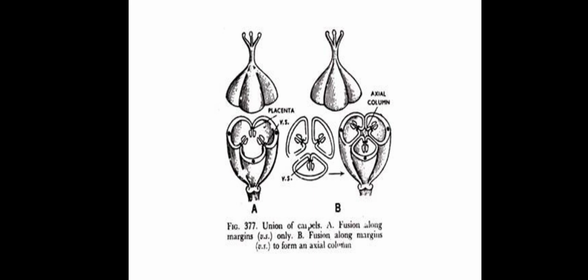In this diagram, we can clearly see there is a union of carpels. So this is the ventral suture. As the ventral suture fuses, you can see that there is no fusion towards the margin or towards the axis. But sometimes this ventral suture extends, and that extension looks like a partition.